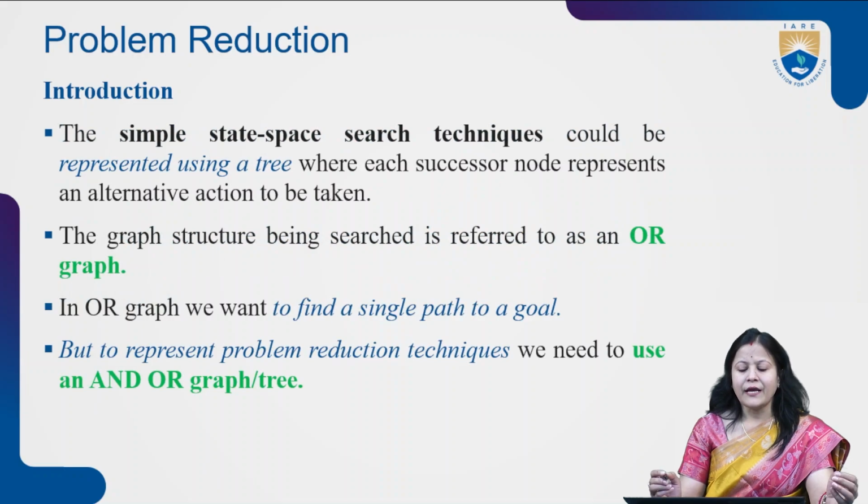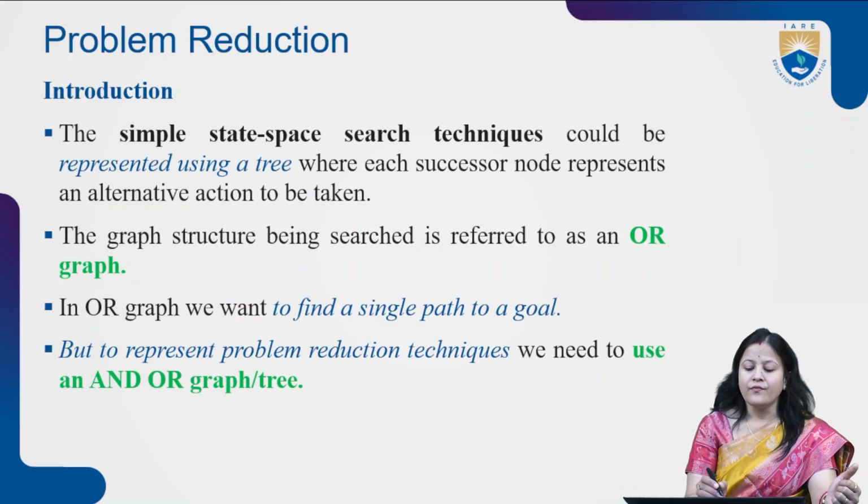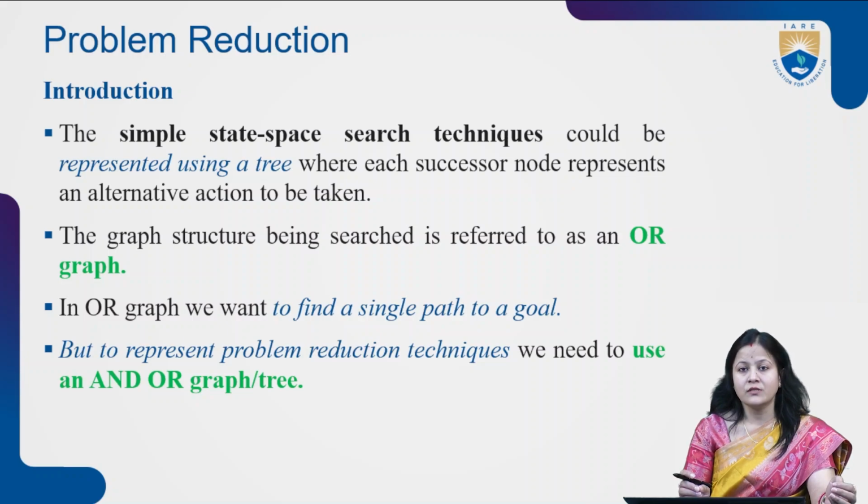Now, the simple state space search technique could be represented as a tree. Just now I have given the example of how a simple state space search tree like BFS and DFS can be represented with the help of a tree, where each successor node represents an alternative action to be taken. The graph structure being searched is referred to as an OR graph.